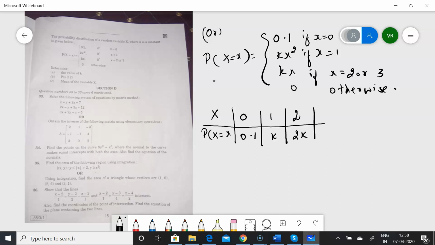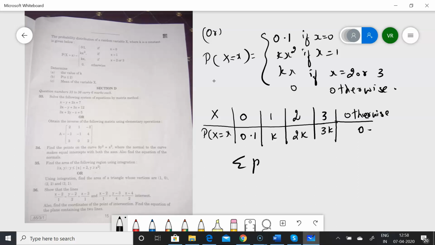And 3, it is 3k. And 0 otherwise. Now you know the probability, the sum of the probability is 1.